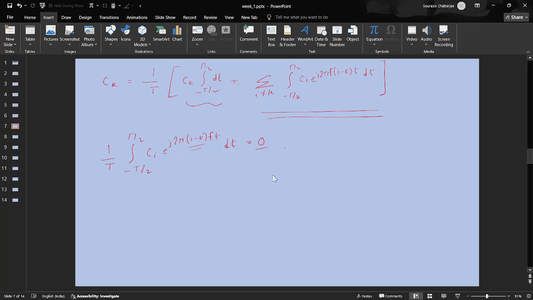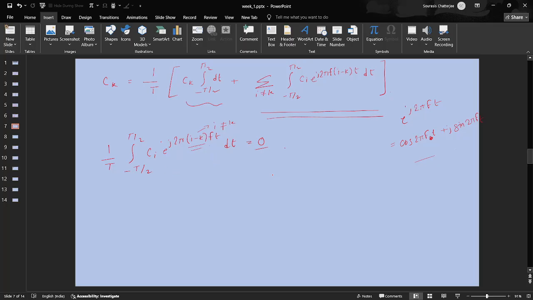It's an exponent, like a complex sinusoid, right? I mean, if I plan to write e to the power j 2 pi f t, it's the same as, we all know, cos 2 pi f t plus j sin 2 pi f t. So essentially this is a complex sinusoid, and by the way here i is not equal to k, which we have already seen from here.